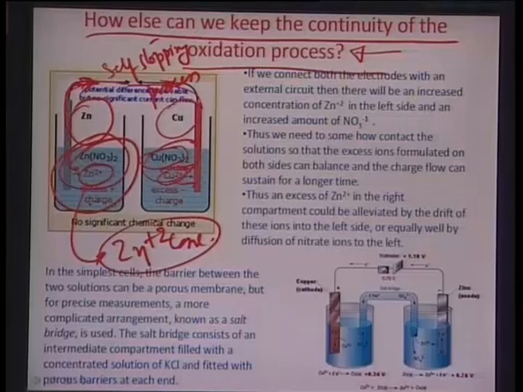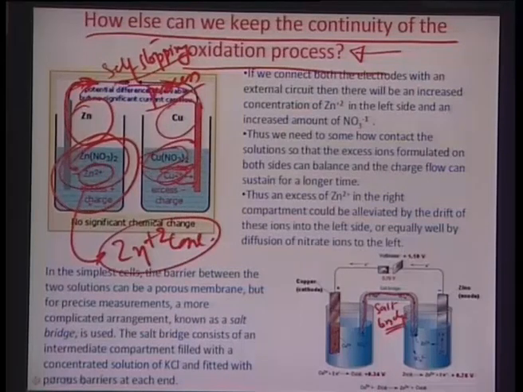So, can I do something to make this process continue? The answer is yes. What we do here is create a charge balance by connecting the two solutions together as well by something called a salt bridge, right.